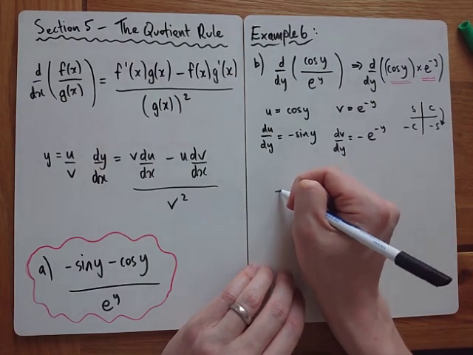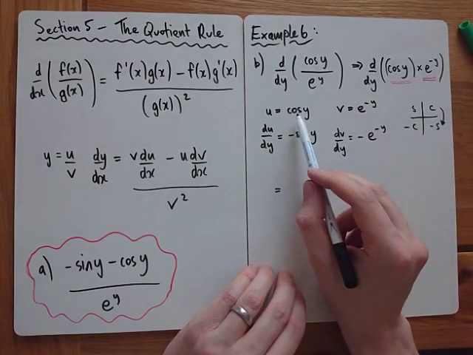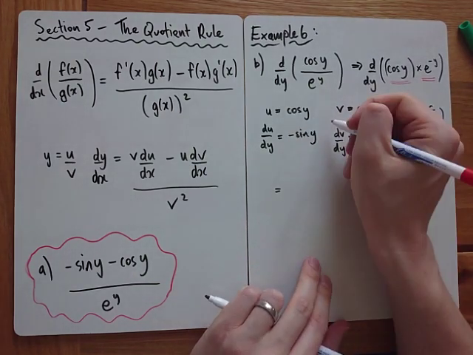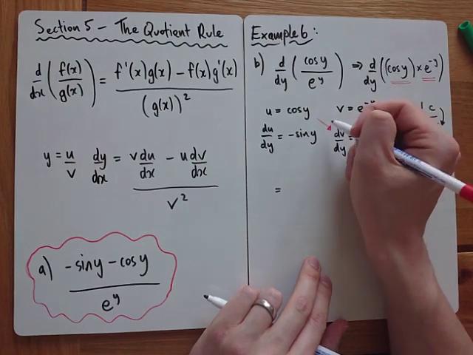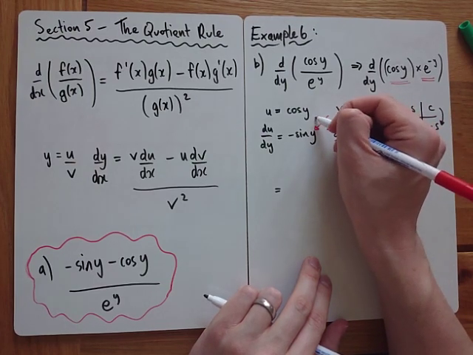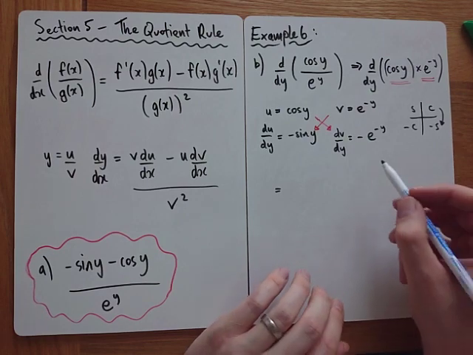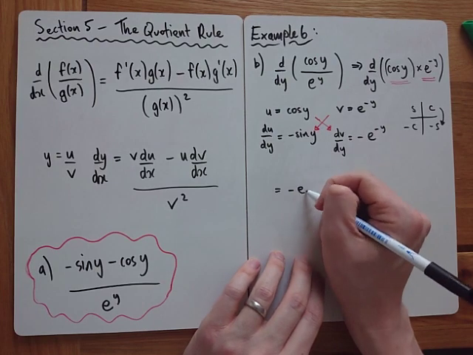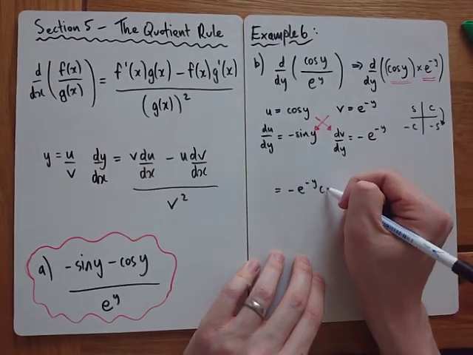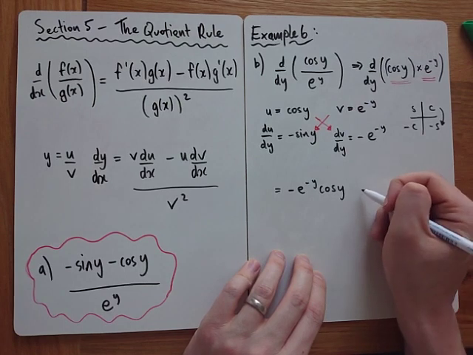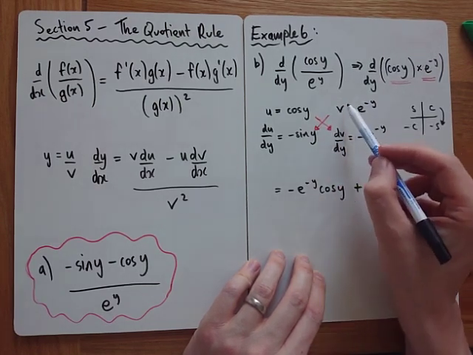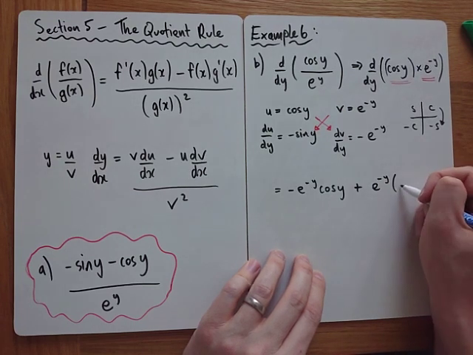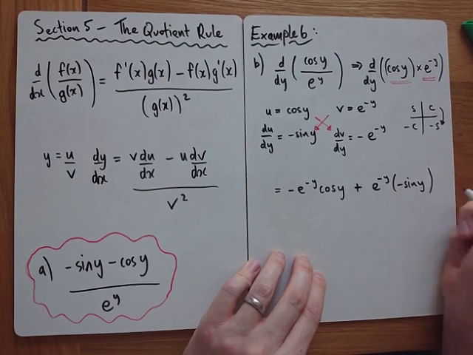Okay, so then the answer would be product rule. We do u times by dv, so we're going to do this one times by this one. So u times by dv, I'm going to write it as minus e to the minus y cos y, and then it's plus v times by du, which is e to the minus y, multiplied by minus sine of y.